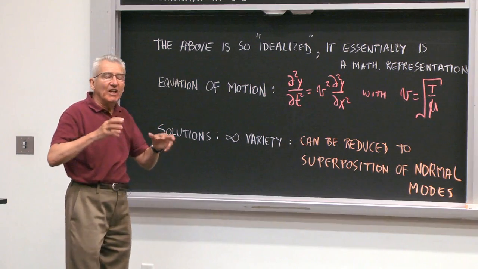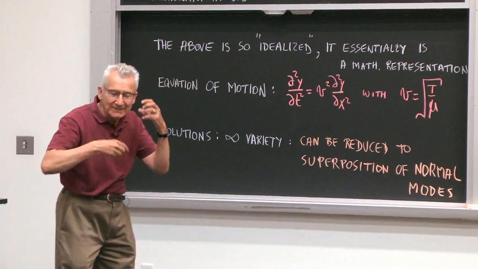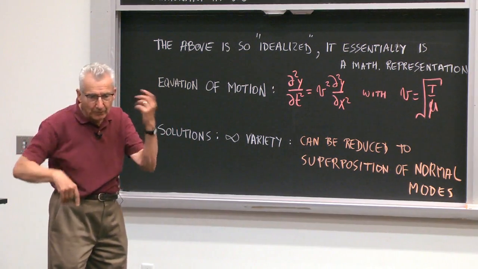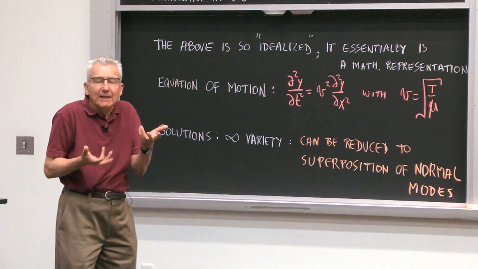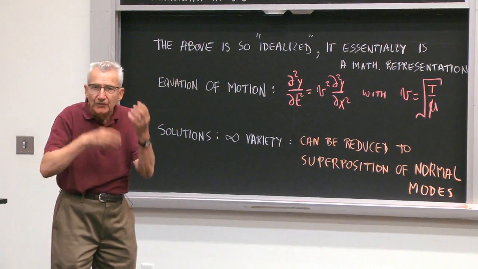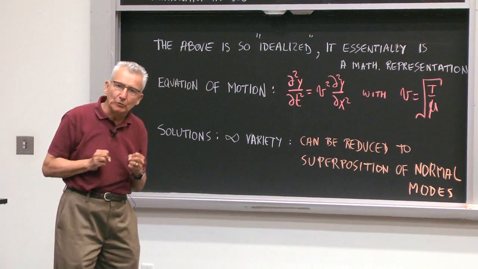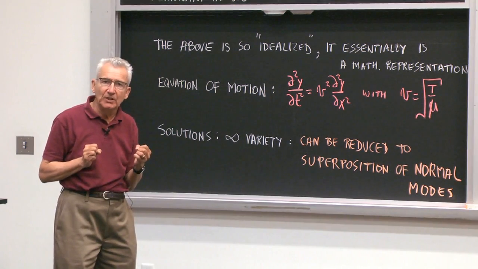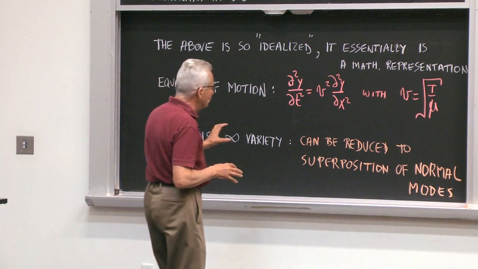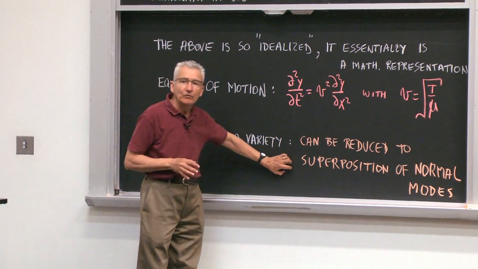Of course, if you distort such a system from equilibrium, you can set up an infinite variety of solutions. But what I'm saying is that any one of those solutions, however complicated, one can always reduce to a superposition of normal modes.